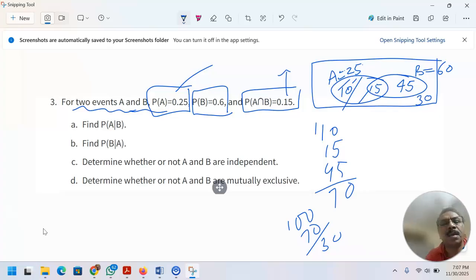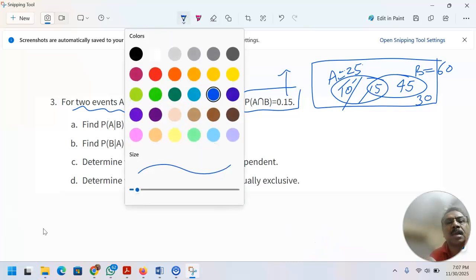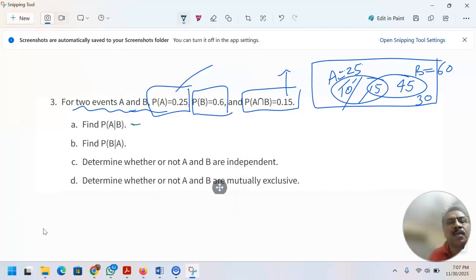So what that basically means, let's see. Let me first solve the problem and then show you how we can also do it directly. First is the probability of A when B has occurred. What is the meaning of this?